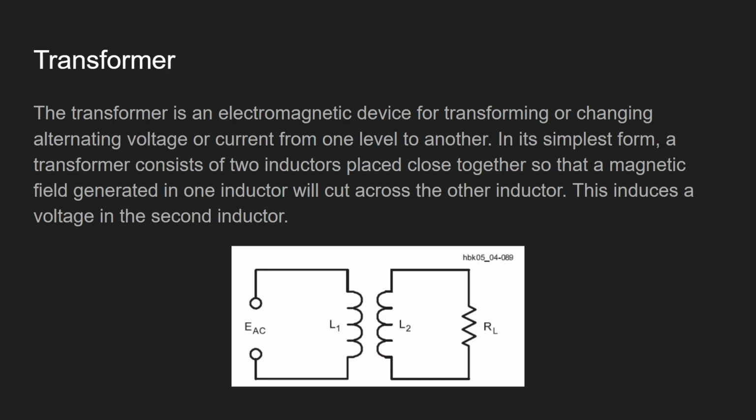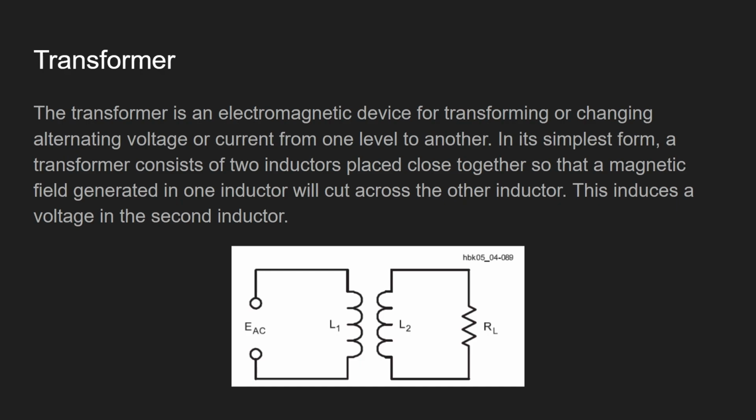In your case, if this coil is isolated, in this case, we have an alternating current, alternating power, right? The alternating flux line, magnetic flux line, will cut through this coil, so that the electrical power will transmit from L1 to L2.